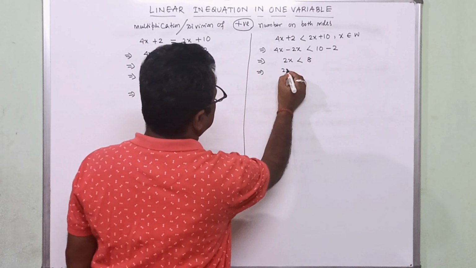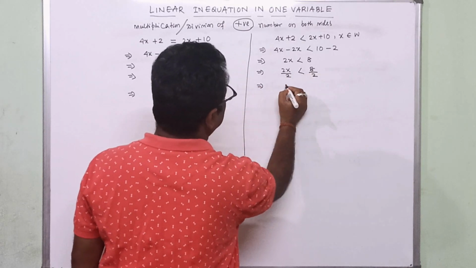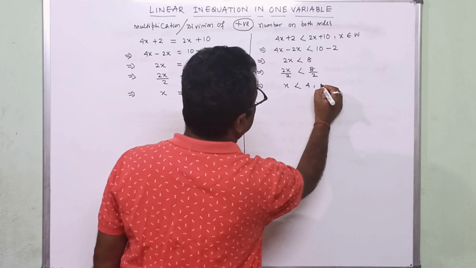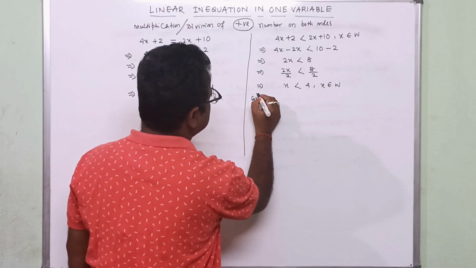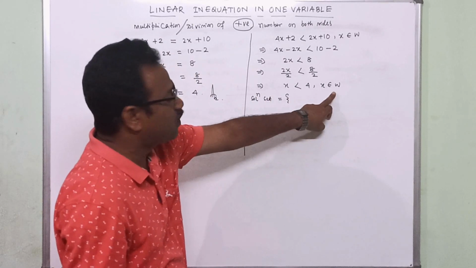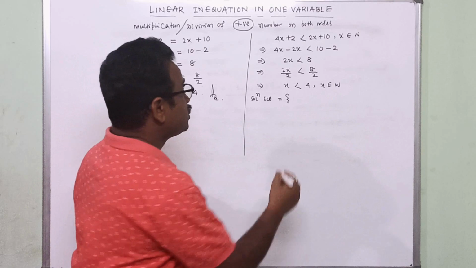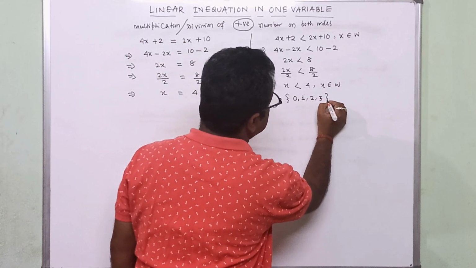That implies 2x by 2 less than 8 by 2. That implies x less than 4, comma x element of whole number. So the solution set: whole numbers start from 0, so 0, 1, 2, 3.